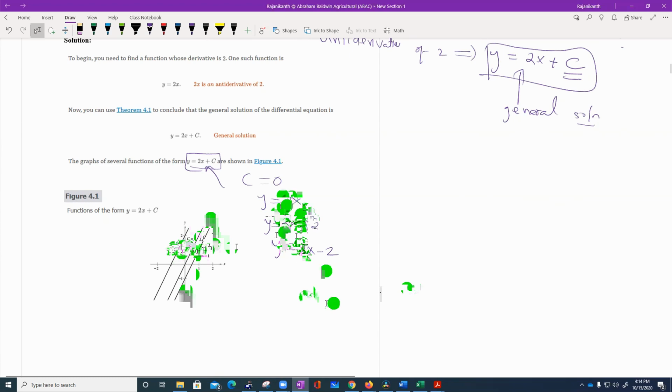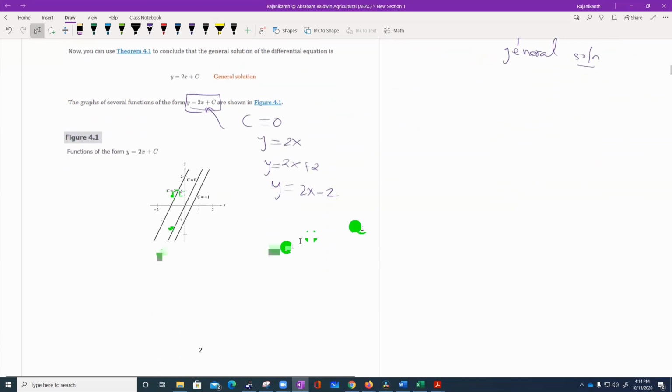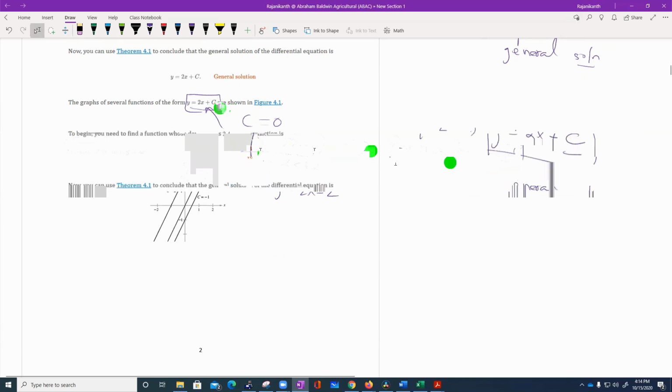So these are all possible answers for the antiderivative of the given differential equation, or the solution of the differential equation, right? If you consider only one line at a time, this one is called a particular solution of the differential equation. Particular solution means you are considering only some particular value for c. In this case, c is 0.